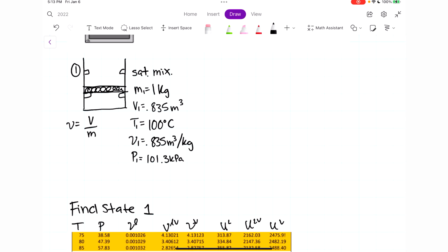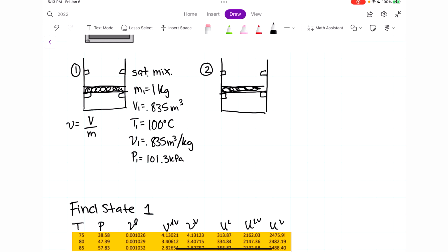Alrighty, perfect. Now our second state is going to be like this. Our second state is when the piston is about to start moving.